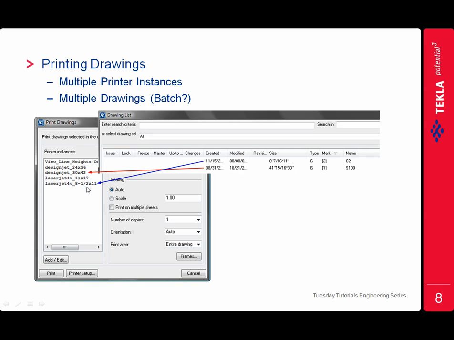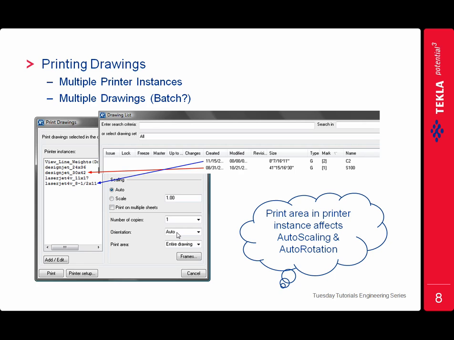And if I had the DesignJet 30 by 42 printer and then LaserJet 4V 8.5 by 11 printer selected, and I clicked print, then the 8.5 by 11 G2 would end up on that LaserJet 4, whereas the 30 by 42 drawing would end up on the DesignJet.